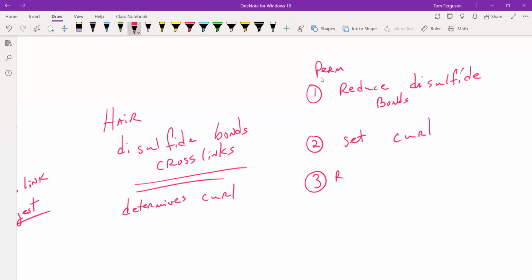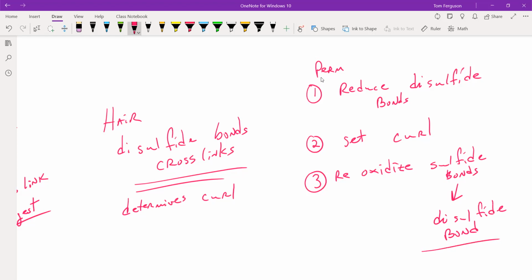Then we're going to oxidize. We're going to reoxidize the sulfide bonds to the disulfide bonds, creating a permanent curl or straightness, whatever you change it to.